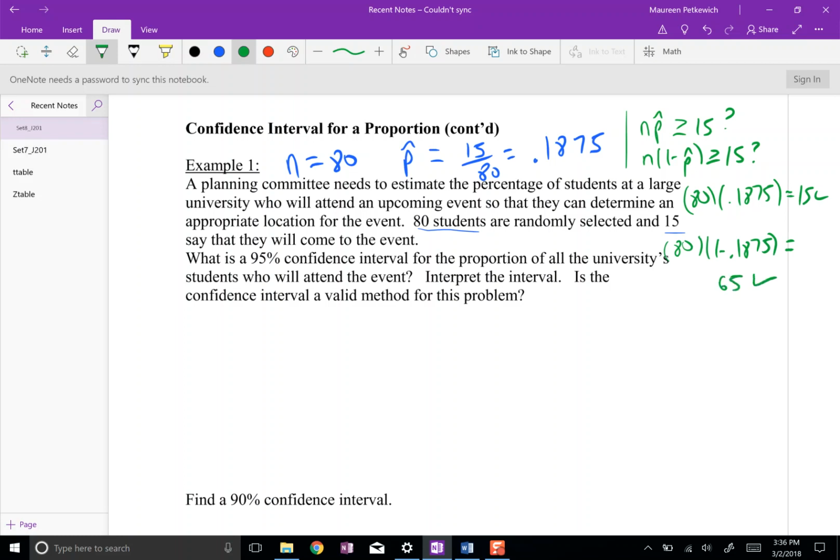The other property that I want to check is, do I have a random sample? I'm going to abbreviate that RS for random sample. And I do, so that checks out.